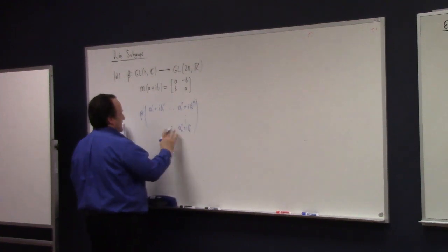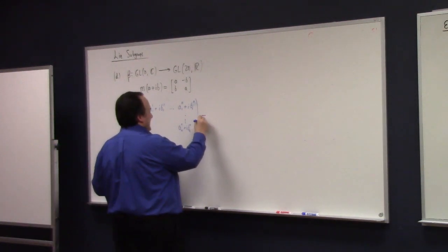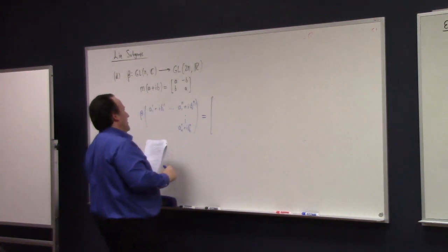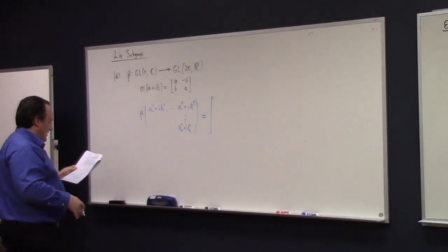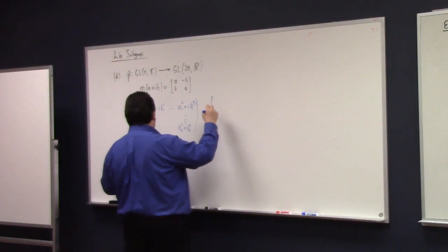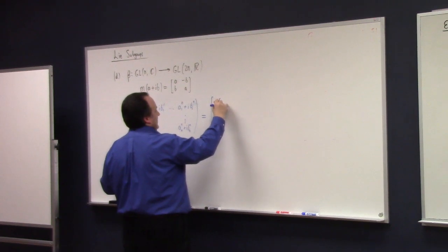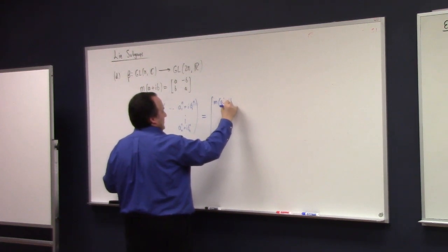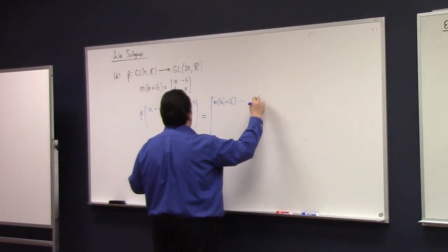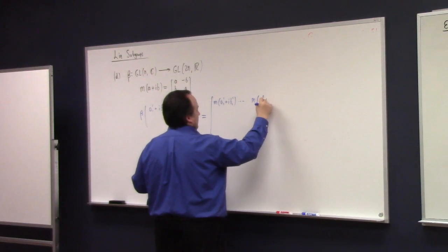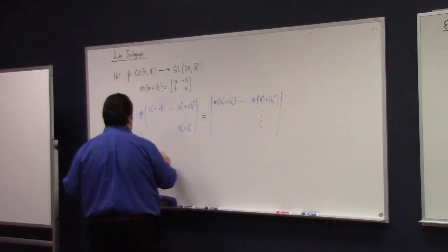Anyway, I always forget which one's on the left and which one's on the right. Instead of this, I'm just going to say it's the matrix of A11 plus iB11, and so forth. And over here, the matrix of A1n plus iB1n, and so forth. Or here, let's be more civilized.